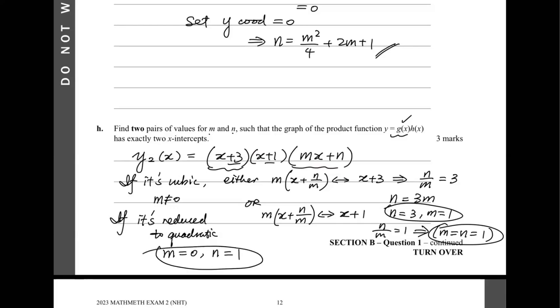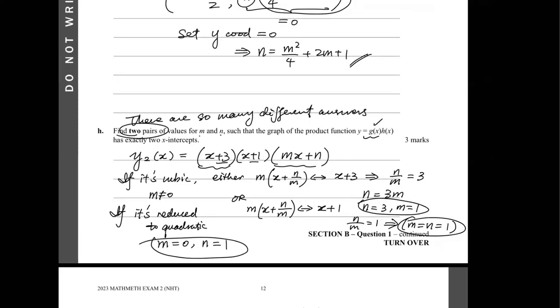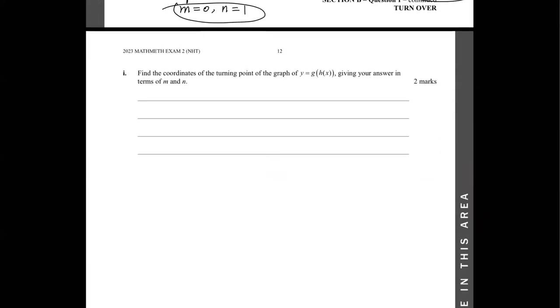So there are so many different answers. That's why they say two pairs. Find two pairs rather than find all pairs or all the possible values, okay? As long as you get two correct possible pairs, it should be okay, I think.